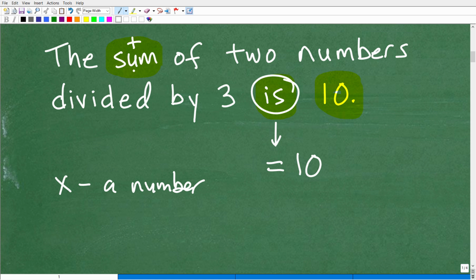If I'm saying the sum of two numbers, we're probably thinking two different numbers, so let's use two different variables. Let's say x is one number and y is another number. It's totally okay to use two variables here. We may be able to get away with one variable, but I should probably put in here the sum of two different numbers.